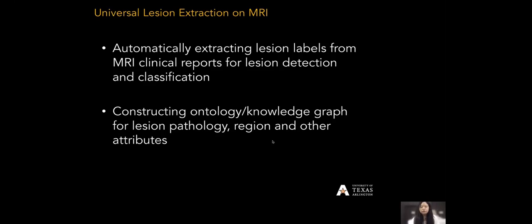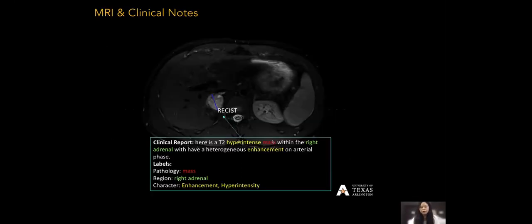For this universal lesion extraction, the structure of the label is actually more complicated compared to lymph node detection. Here we show some examples. This is an MRI scan, with the RECIST, which measures the longest dimension of this lesion, and the clinical report.